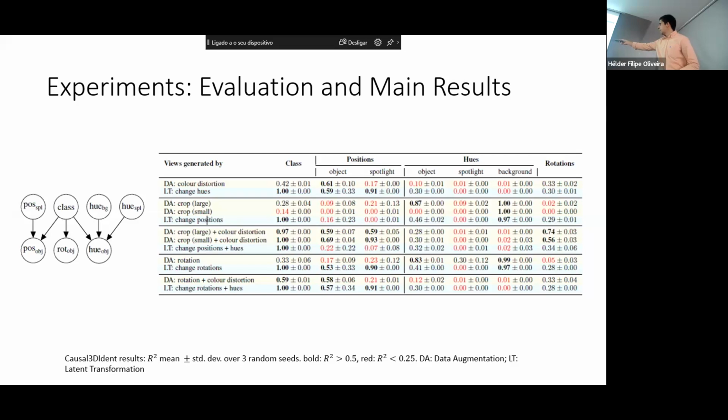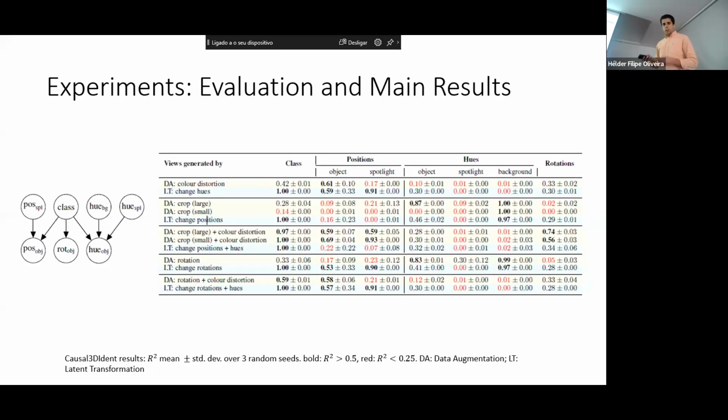But here we have that the hue of the object is preserved. Now the position of the spotlight is somewhat preserved, but it has a certain correlation with the class variable, because if the position of the object influences class and the position of the spotlight influences the position of the object, then there is a certain correlation between these two variables.